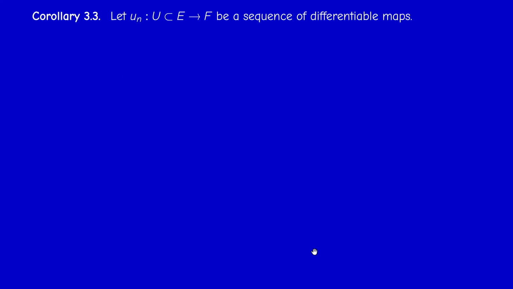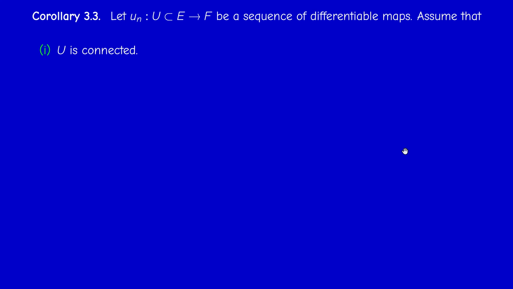Now let me formulate a useful corollary, more useful actually than the theorems, which deals with series of differentiable maps. I will call the general term of the series u_n. So we have a series of differentiable functions.